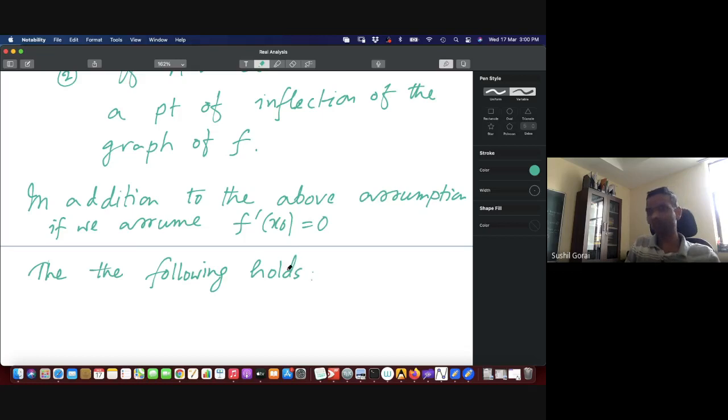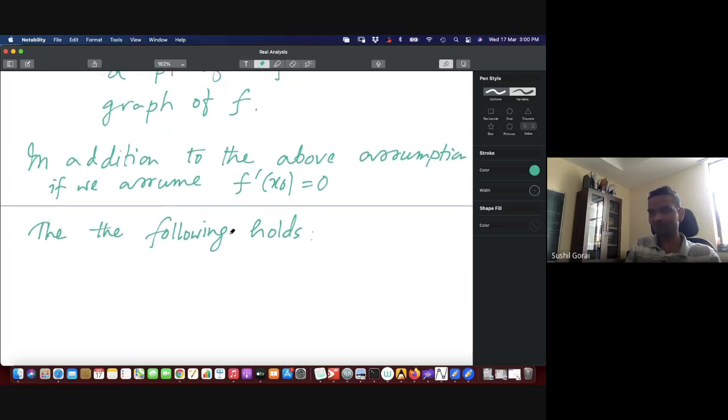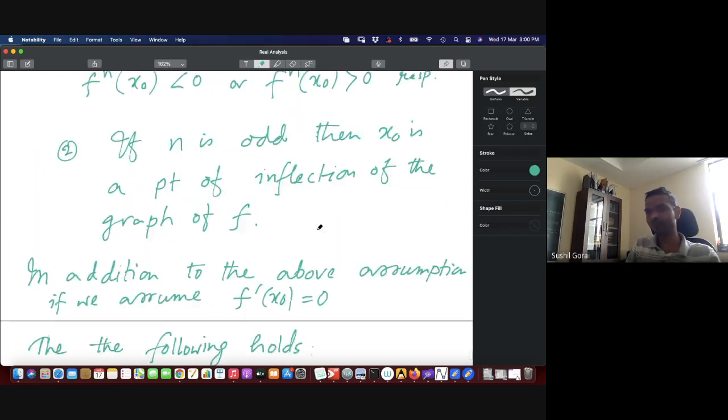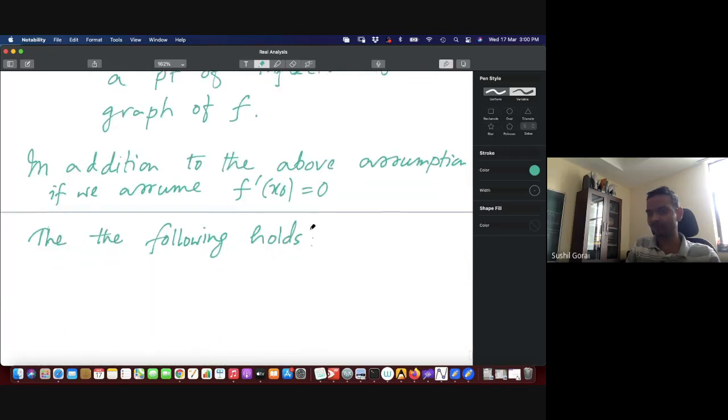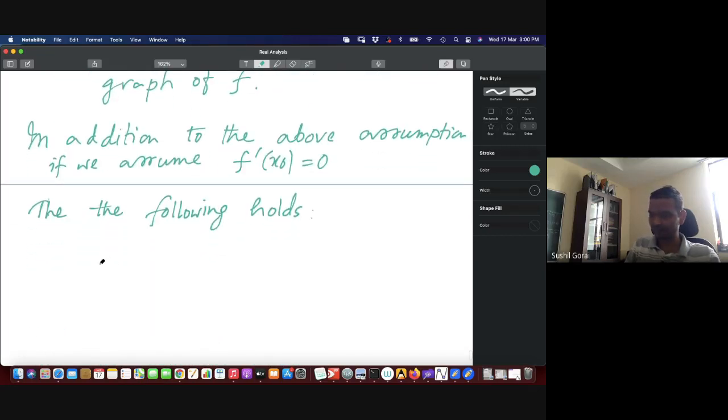So this is a statement about maxima and minima. So f'(x naught) equal to 0 means tangents become parallel to the x-axis, and that is why you get the following.